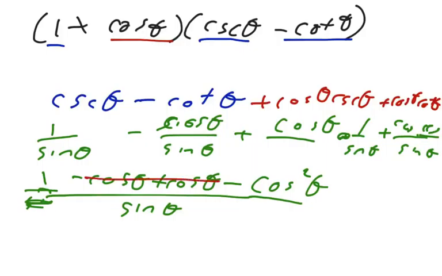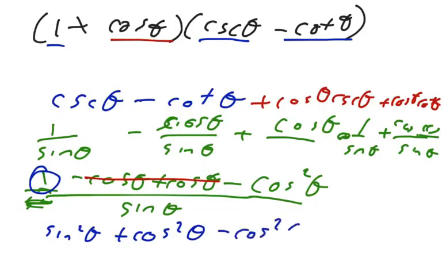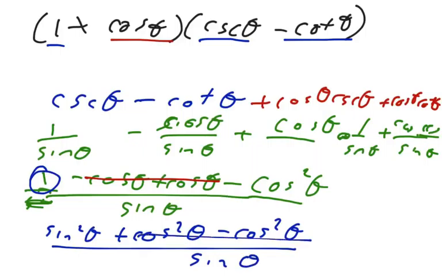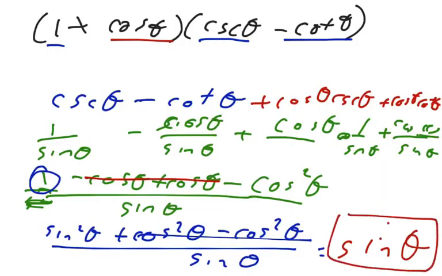Well, the negative cosine theta and the cosine theta cancel out. This one we can change to be sine squared plus cosine squared minus cosine squared over sine theta. And those two cancel out again. So if we have sine squared divided by sine, well, one of the sines cancels and I'm left with sine.